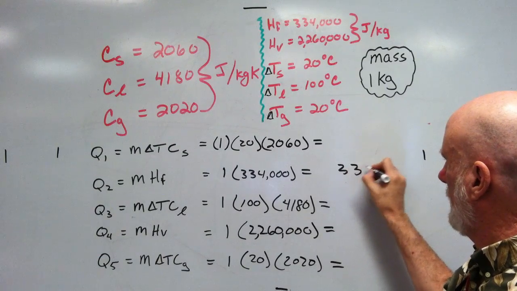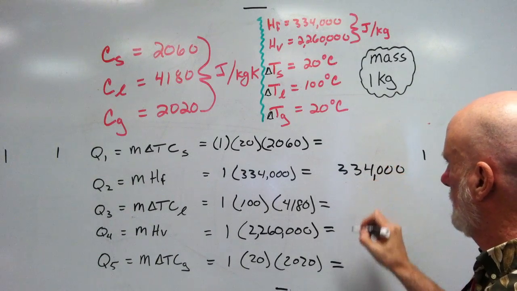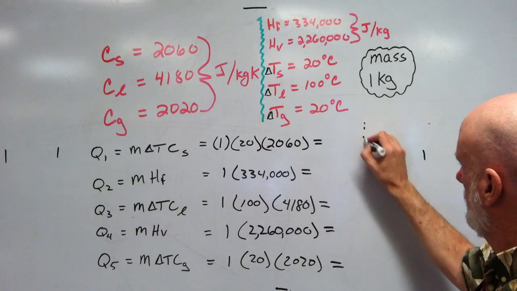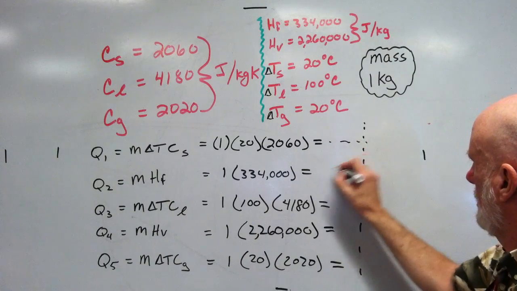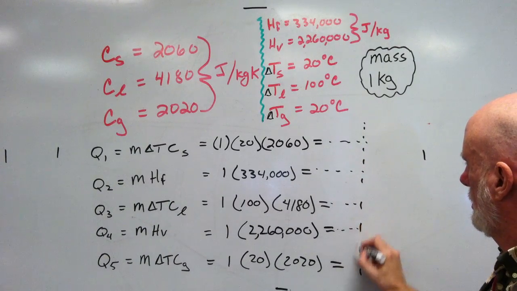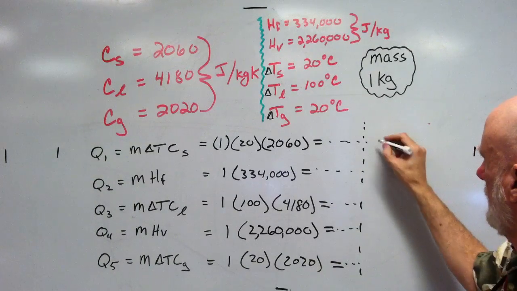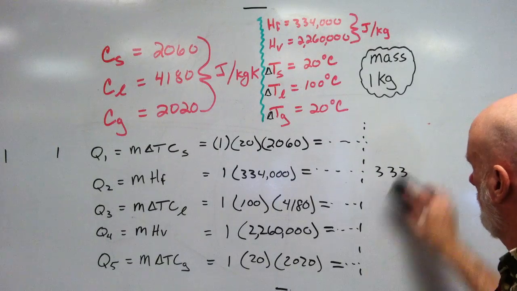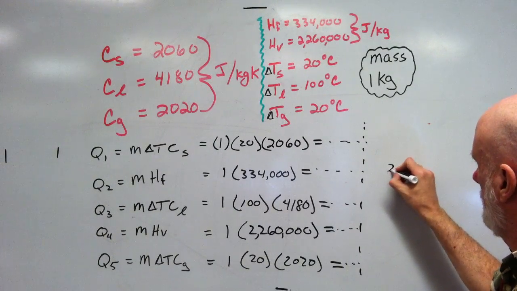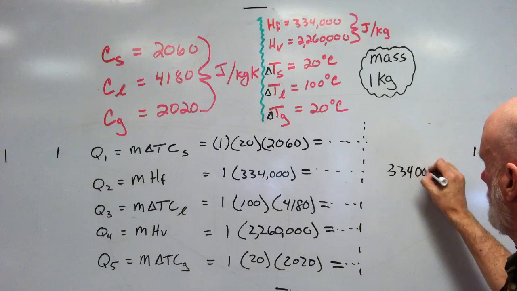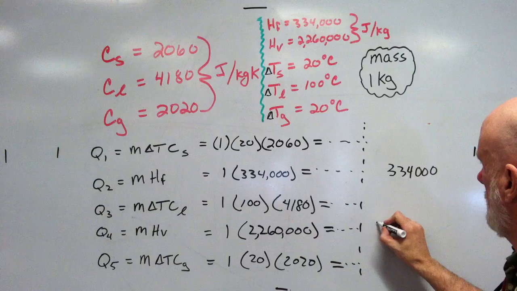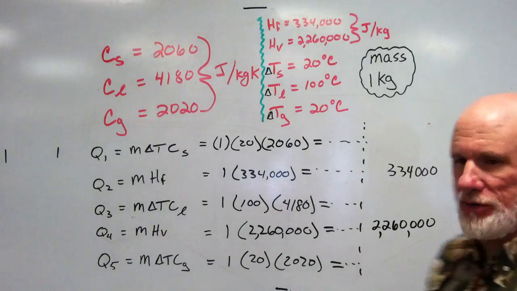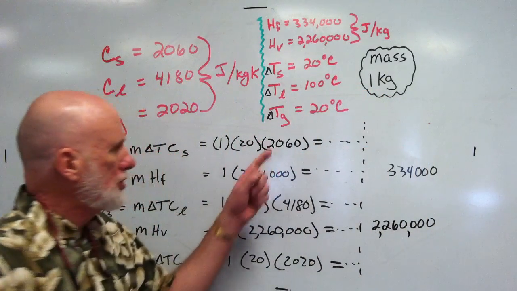All right, now, the second one is easy. That's going to be 334,000. That's an easy one. The heat of vaporization will be 2,260,000. And what's the first one, Mike? 20 times 2060 times what?